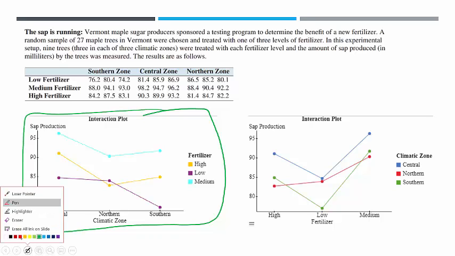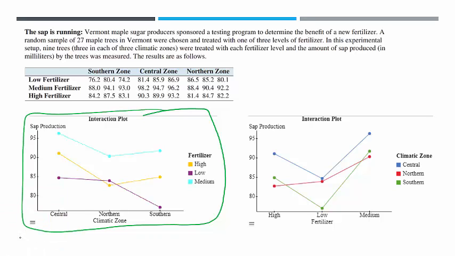For example here, I'm going to write over the low fertilizer in red. So the mean sap production for low fertilizer in the central zone. If you find the sample mean there, it should be about 85, maybe just under 85.